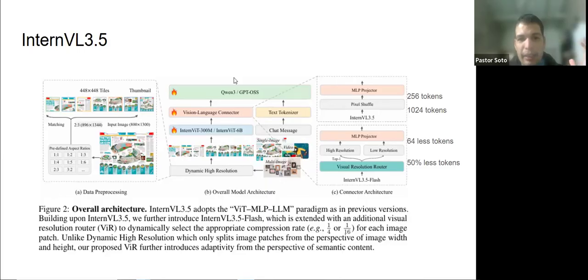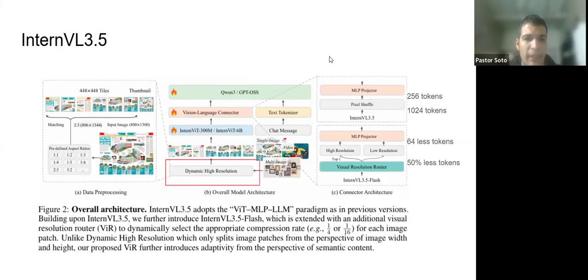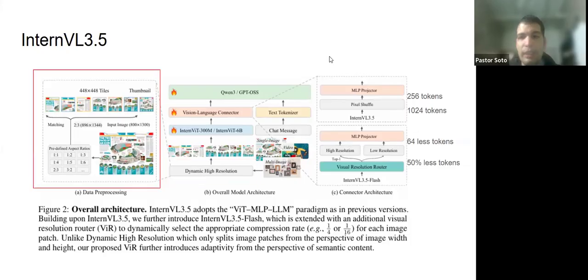And on the sides, we have a close-up of two different things: one is the dynamic high resolution, and the other is the visual language connector. Essentially, what we are doing here is processing the image. We have an image, and based on the height and width of the image, we process it into a predefined aspect ratio.